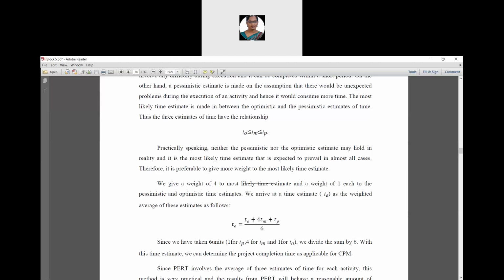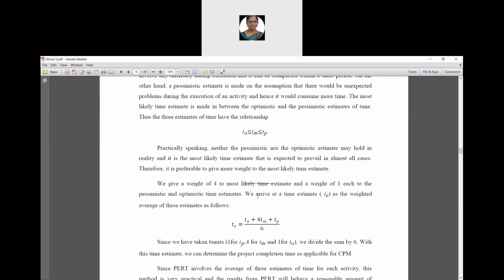Therefore, it is preferable to give more weight to the most likely time estimate. Therefore, a weight of 4 is given for the most likely time estimate and a weight of 1 each to the pessimistic and optimistic time estimates.